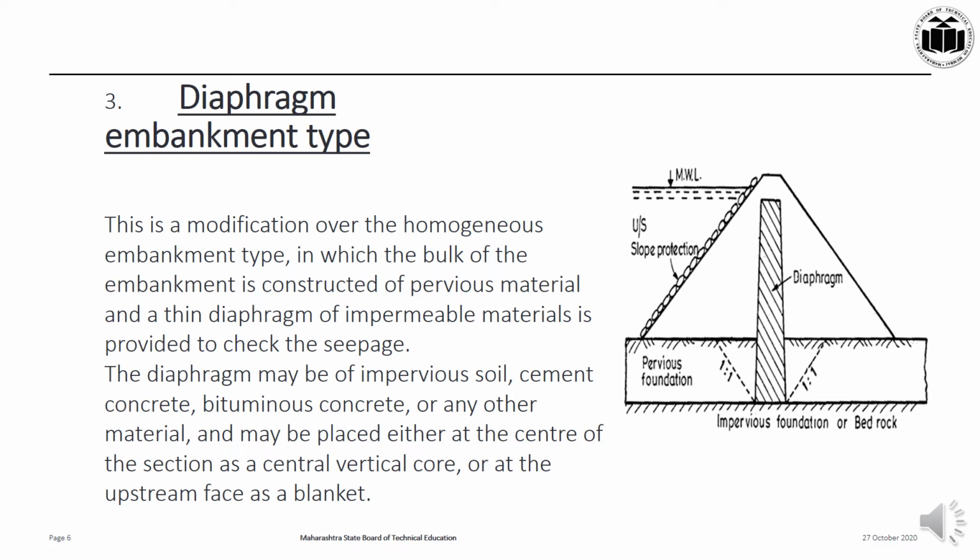It acts as a water barrier to prevent seepage through the dam. The diaphragm wall may be placed either at the center as a central core or on the upstream face as a blanket. The diaphragm must also be tied to the bedrock or a very impervious foundation material.